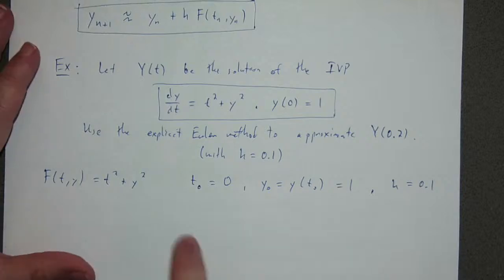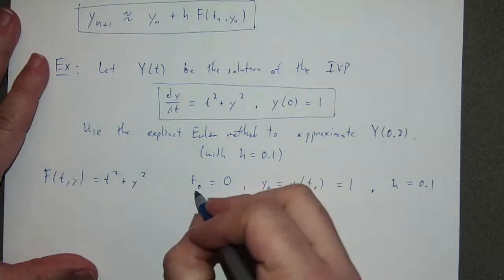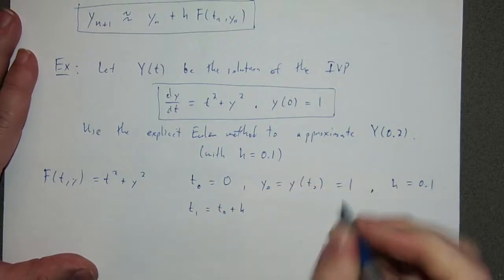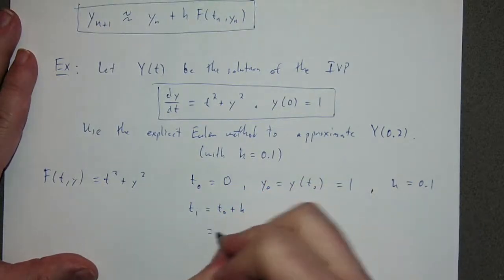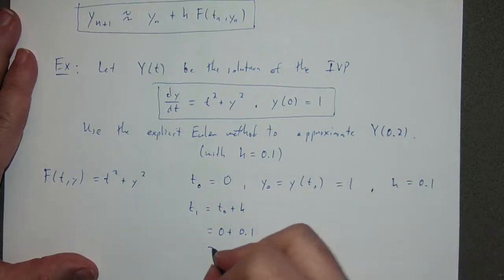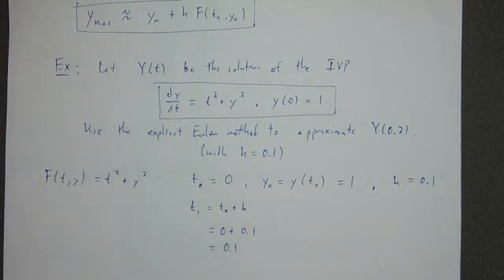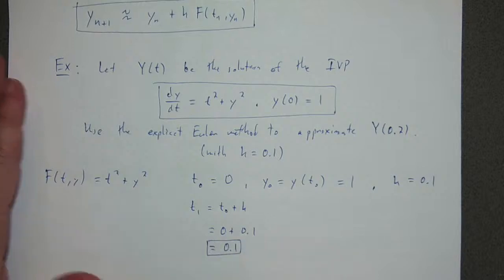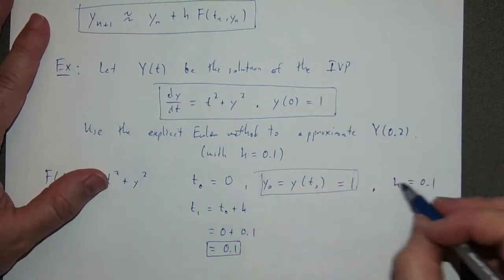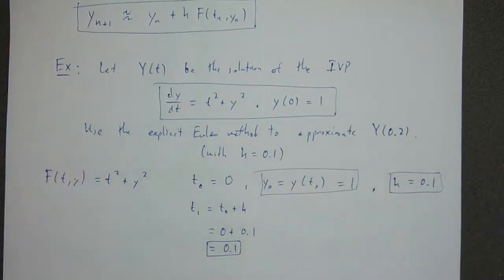A couple of things I might as well go ahead and work out. If t naught is 0, then t sub 1 is t naught plus h, which is 0 plus 0.1, which is 0.1. y naught is 1, h is 0.1. We have everything we need in order to approximate y sub 1.